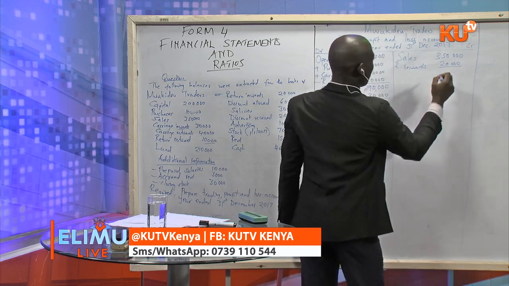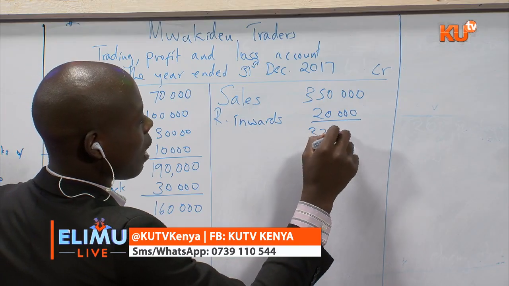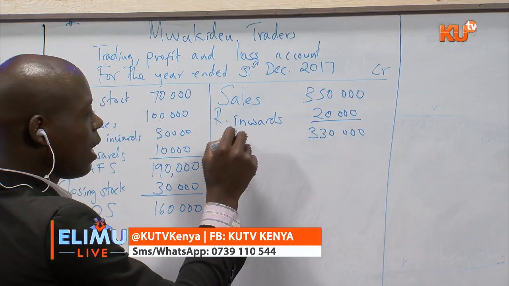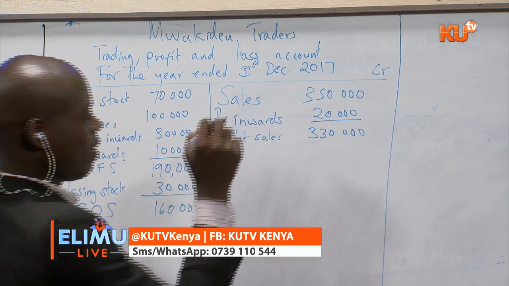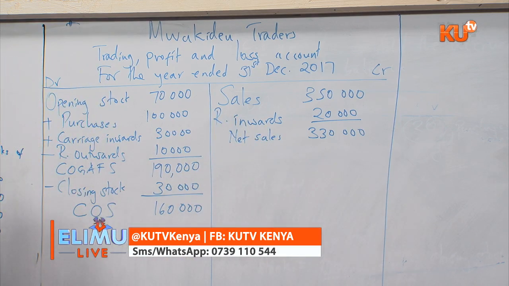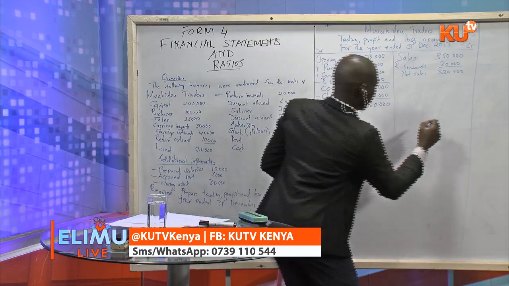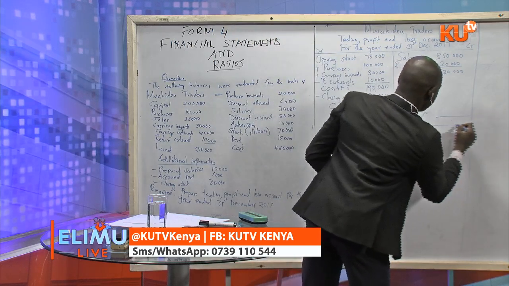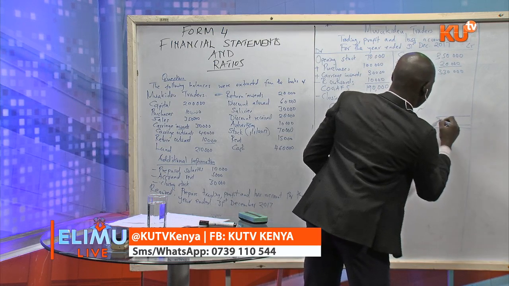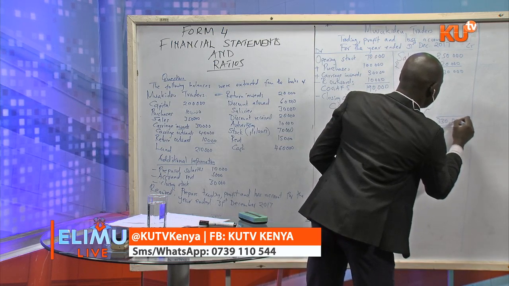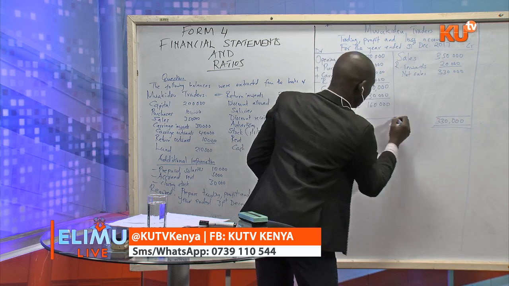This gives us a figure. We have 330,000. And this one is what we call net sales. So we compare this figure with the cost of sale. If you compare these two, you'll realize that the net sales is higher than the cost of sale.